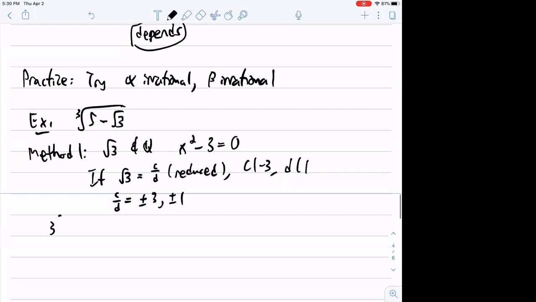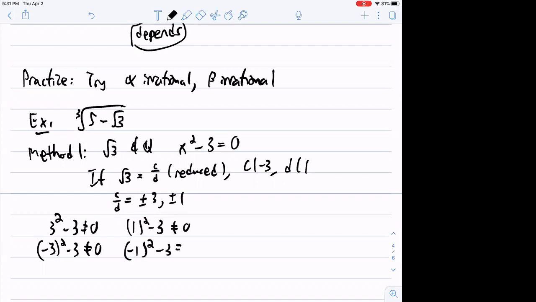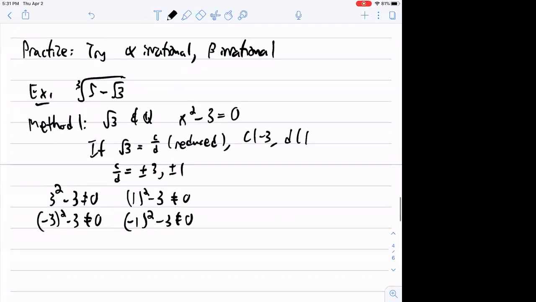And you could easily plug it in and check, right? Not 0. And -3 squared minus 3. This is easy to check, right? So you get that root 3 is not in Q.